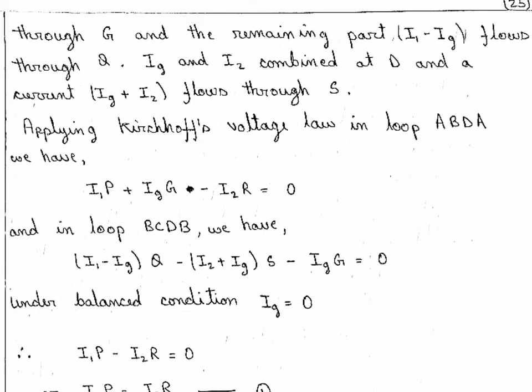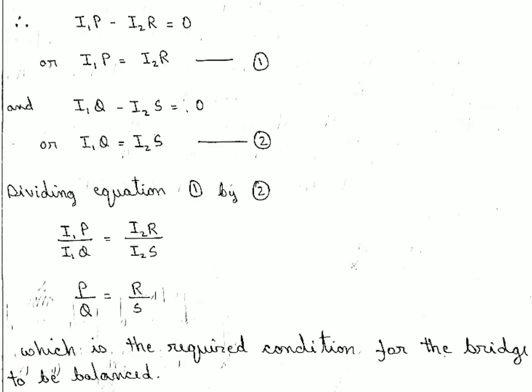Now under balance condition, the current Ig is equal to 0. So under this condition, putting Ig equal to 0 in the above two equations, in the first equation we have I1P minus I2R is equal to 0. Taking this minus I2R to the right hand side, you will get I1P is equal to I2R.